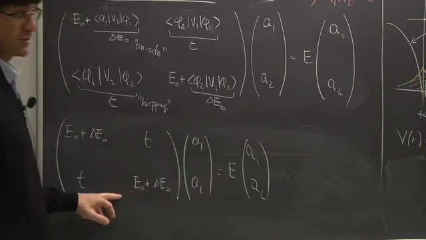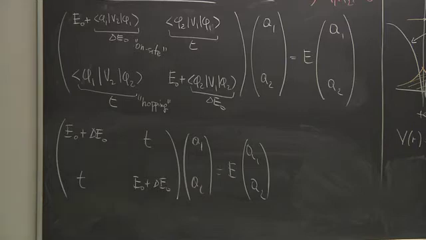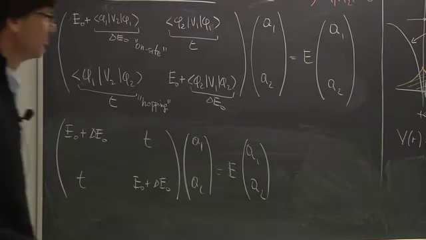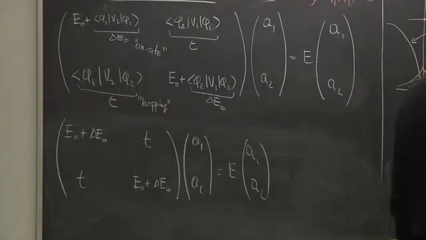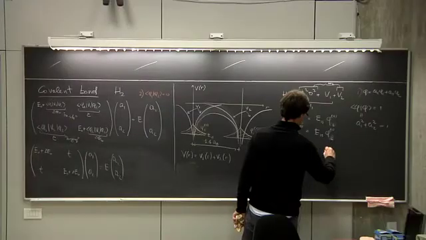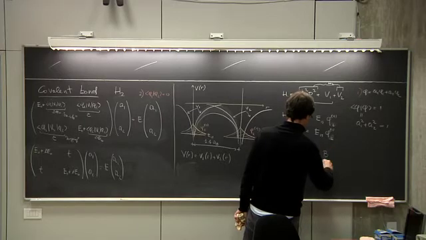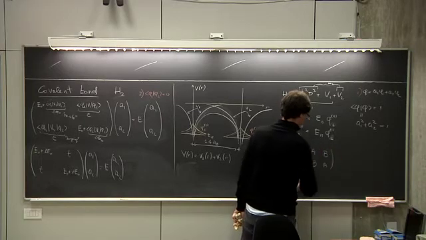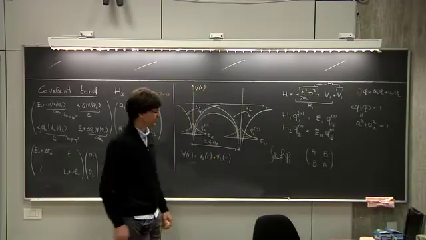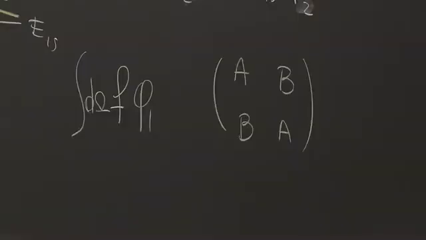What are the eigenvalues of this 2 by 2 matrix? If I give you a matrix of this form, can you tell me, right on the spot, what the eigenvalues of this matrix are? Or do you need to calculate them?